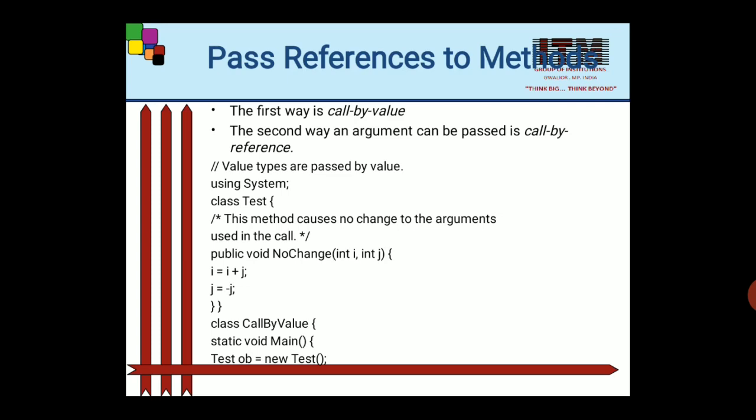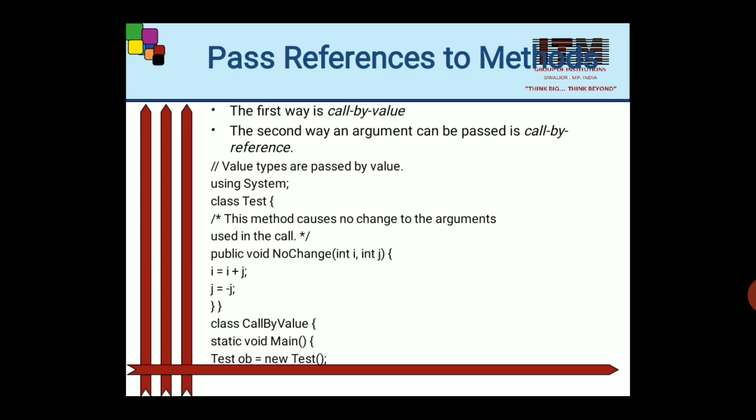In this example, as you can see, the operations that occur inside the method have no effect on the values of a and b used in the call. Again, this is because copies of the values of a and b have been given to parameters i and j, but a and b are otherwise completely independent of i and j. So assigning i a new value will not affect a.